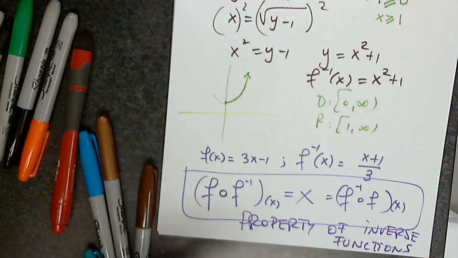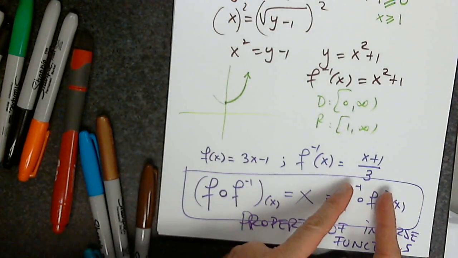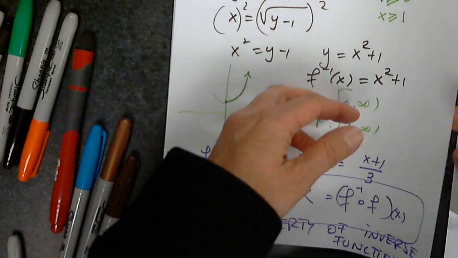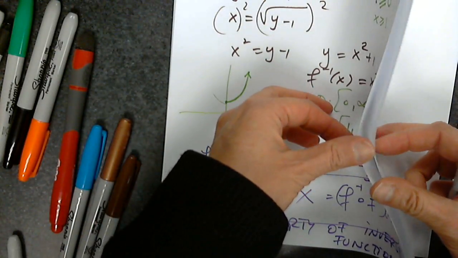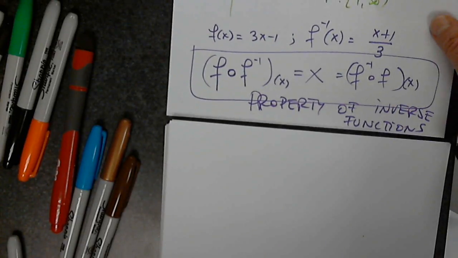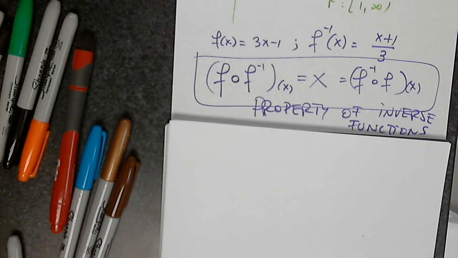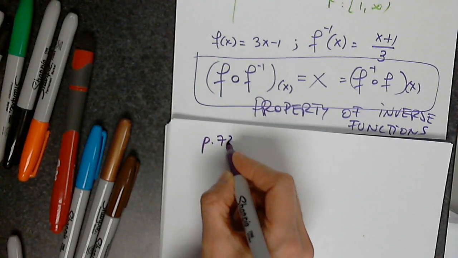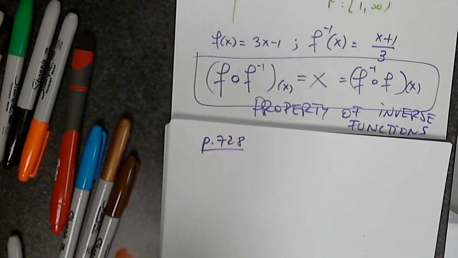Let's test our f inverse to make sure that this is the correct inverse. Or we can work on a different problem. I can choose a different problem. For example, we are given two functions. We are asked, are they inverses of each other? On page 728, I'm changing the requirement a little bit.